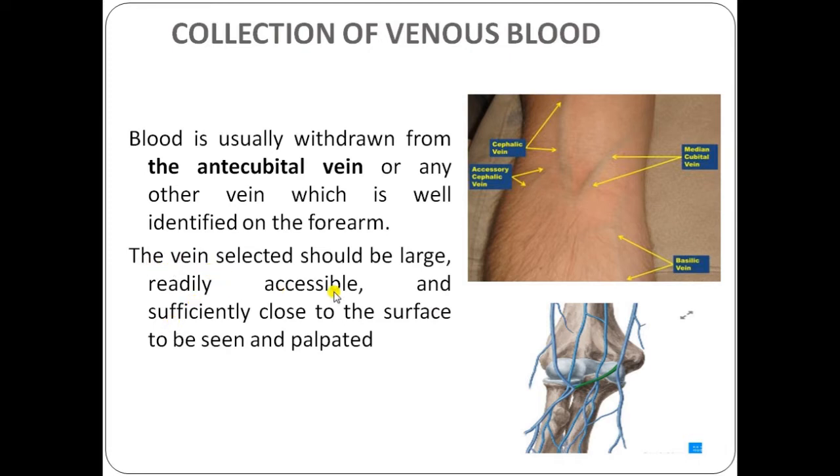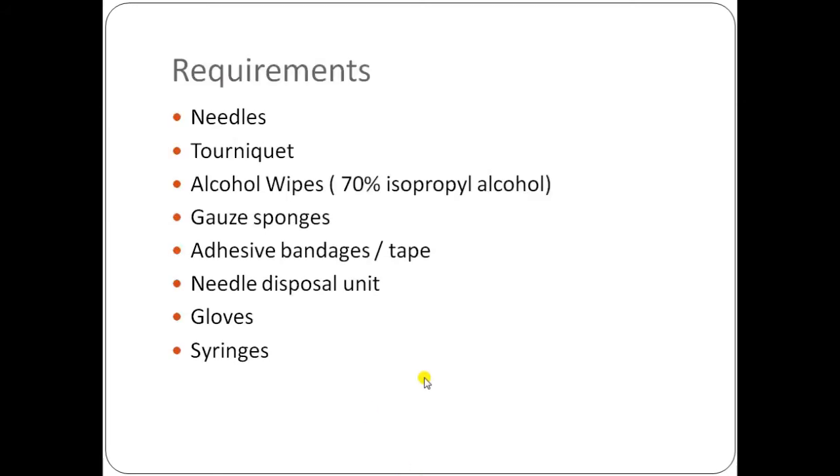Generally, the selected vein should be large, readily accessible, and sufficiently close to the surface to be seen and palpated. The three veins, cephalic, median cubital vein, and basilic vein, are also shown in this picture for better understanding.